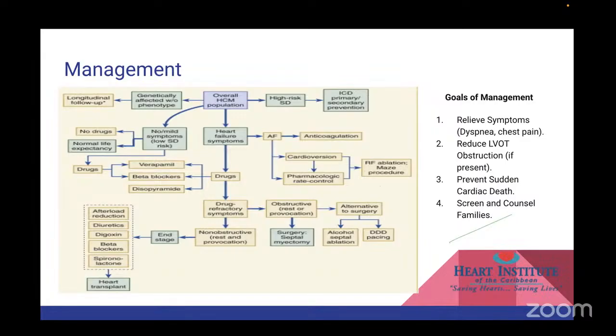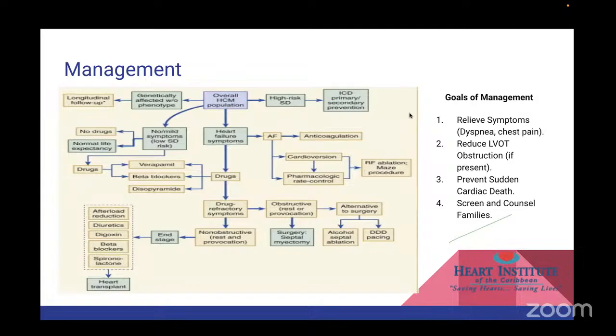Before, they said, if you have this, you cannot do sport. But now, what they need to do is undergo comprehensive evaluation. They are followed up, and there is no longer a universal restriction from vigorous physical activity for them. And like I said before, placing an ICD because somebody wants to go into sports is a class 3 recommendation, and it should not be performed. It should only be done when we have all those factors in place.